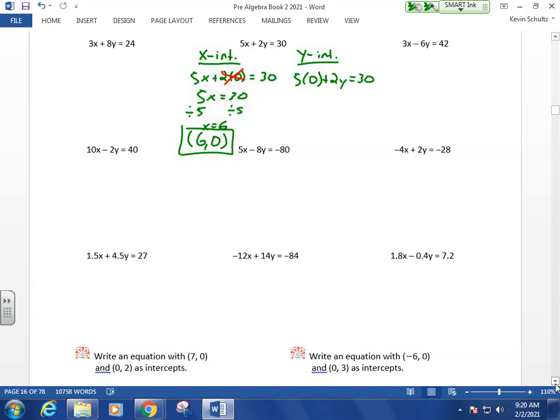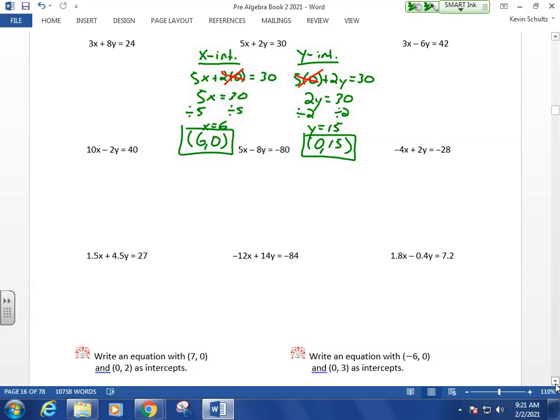That 0 we like because it cancels that term out. 2y equals 30. Either mentally or by using opposite operations, divide both sides by 2. And y equals 15, which represents the y-intercept of 0, 15.